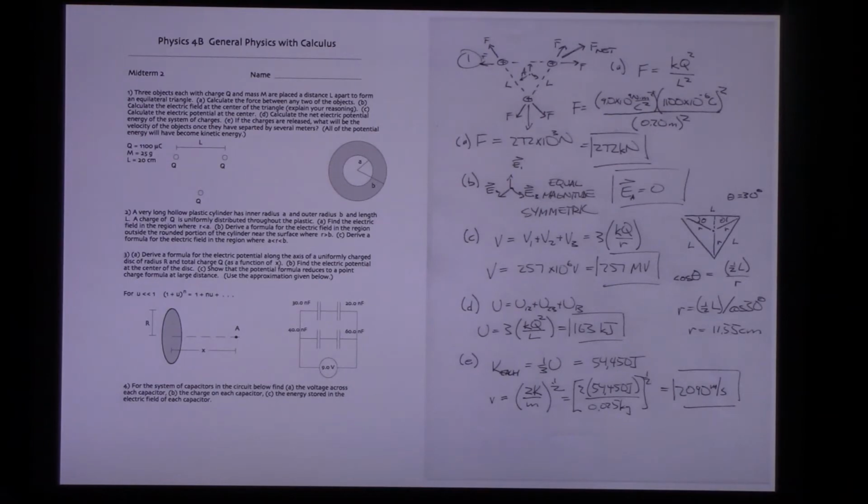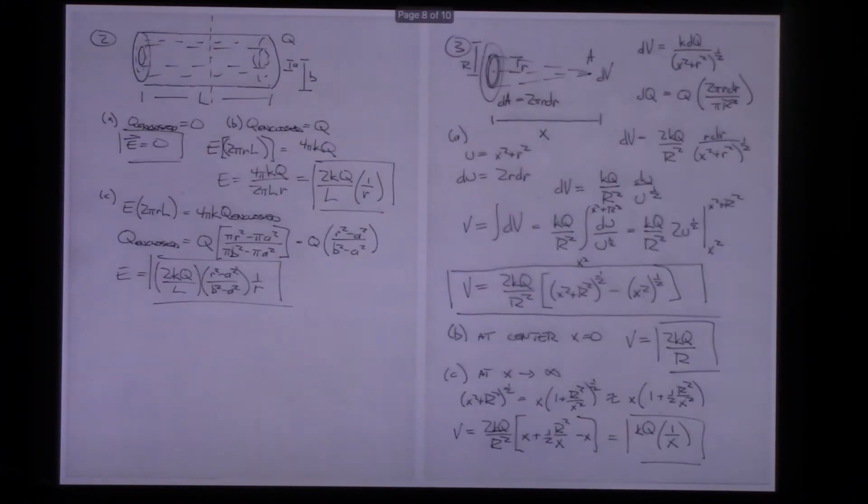So there's a region inside that's hollow, there's a region of the cylindrical material itself, and then there's a region outside. So what I'm going to do is I'm going to solve part A and, was it B?